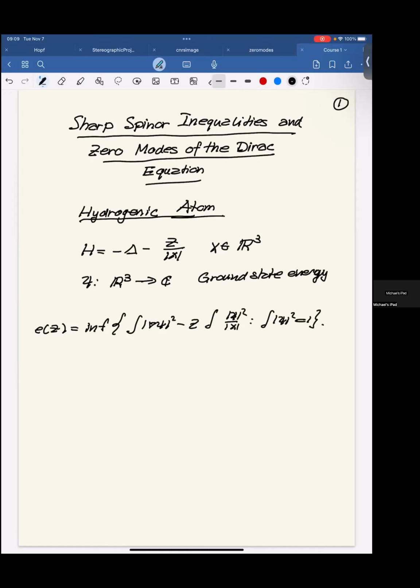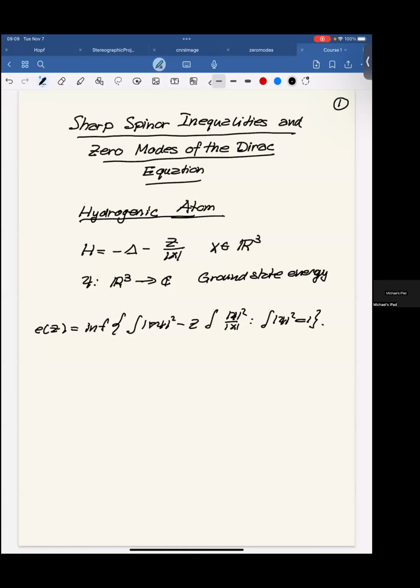And we all know this famous example, namely the uncertainty principle. If you want to make the potential energy very large negative, you have to squeeze this function into the nucleus. But then, of course, the kinetic energy starts exploding, and that balances each other out.